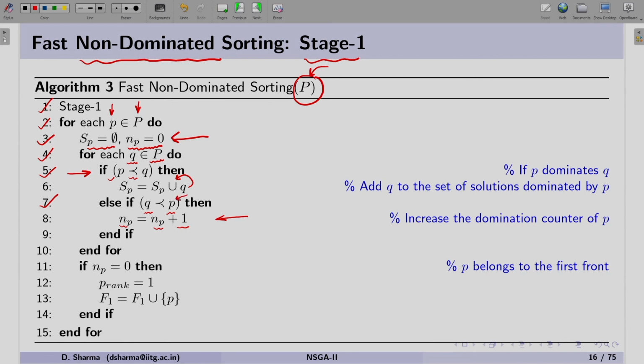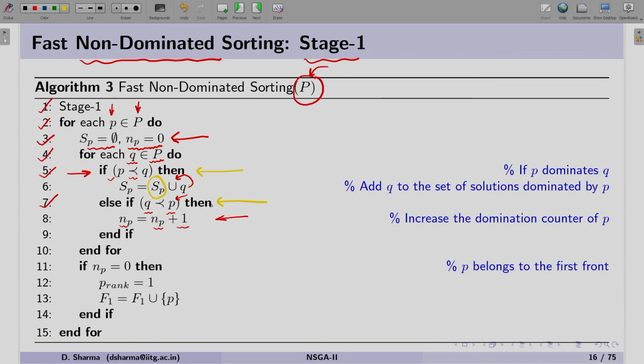So if we see again the difference between step number 5 and step number 7. Step number 5 says that P is dominating Q, and if it is happening, the solution is saved in SP.